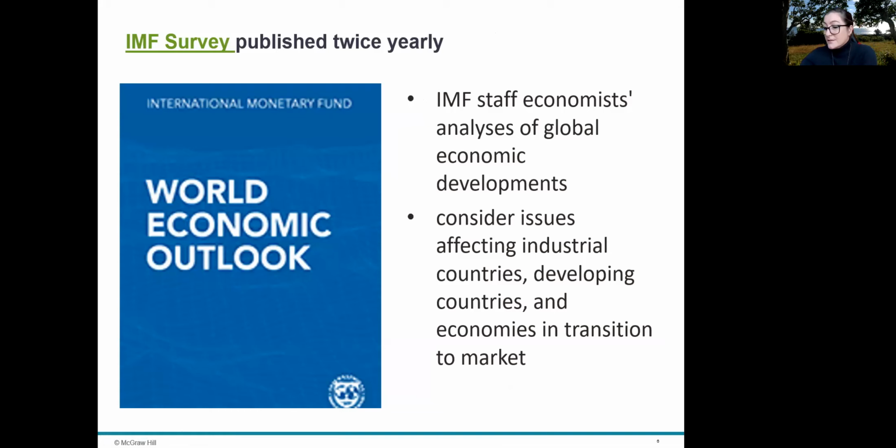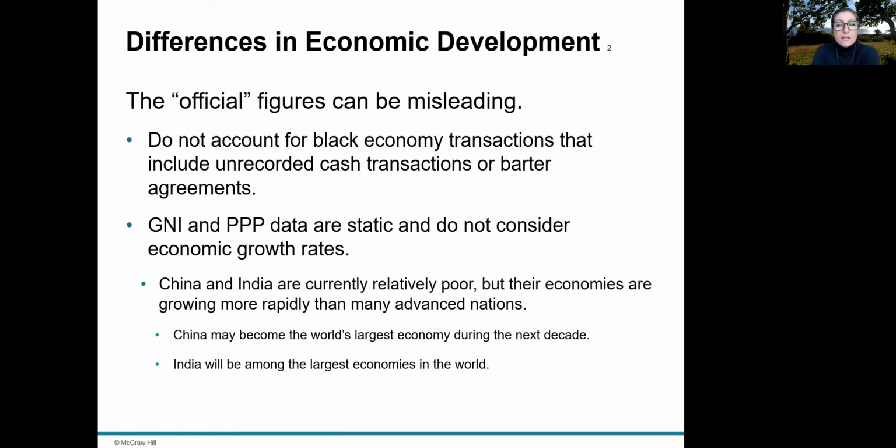This report that the IMF puts out is an analysis of global economic development. It looks at all different things that affect industrialization of nations. It looks at not only developed countries, but developing countries and economies in transition.